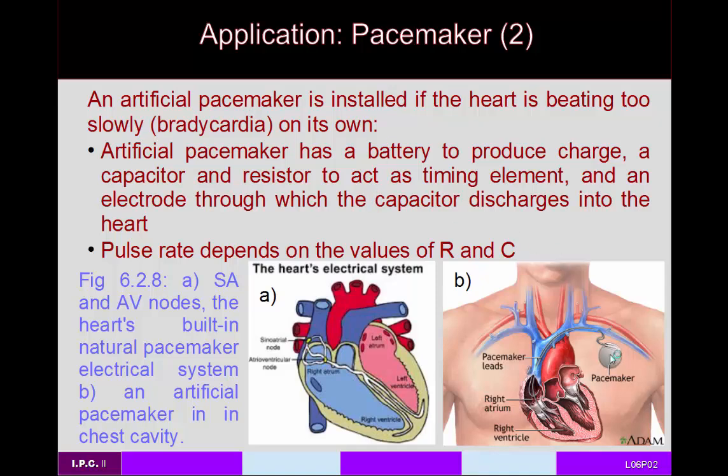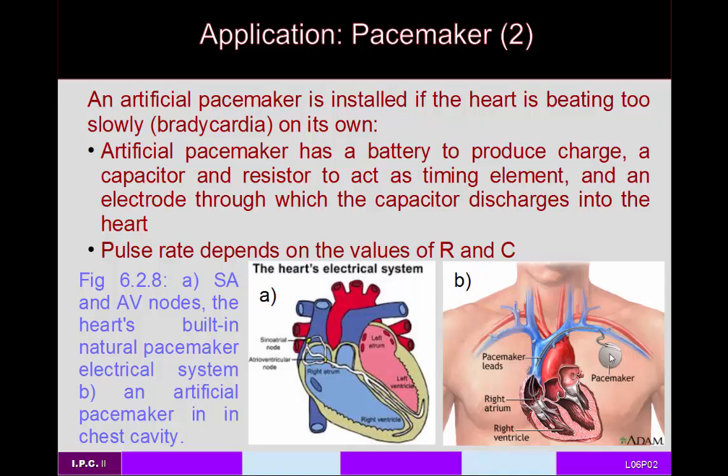It has a battery inside, and it has a capacitor and a resistor which act as a timing element. Then there's a little electrode that they pass through a vein into your heart, to where your AV node should be, and it replaces the functioning of the SA and AV nodes and sends electrical discharges through this little wire into your heart.